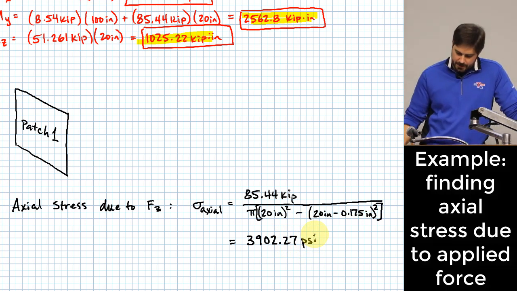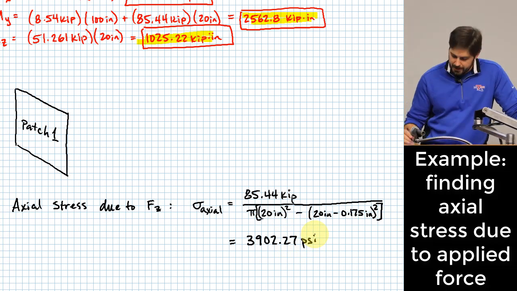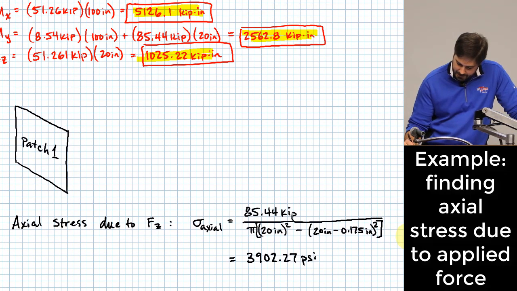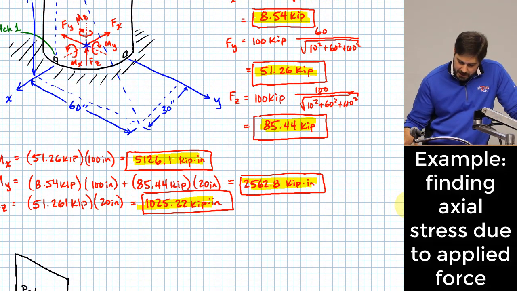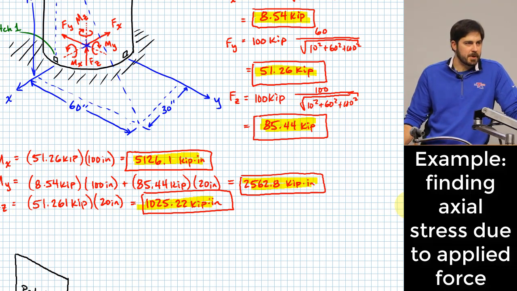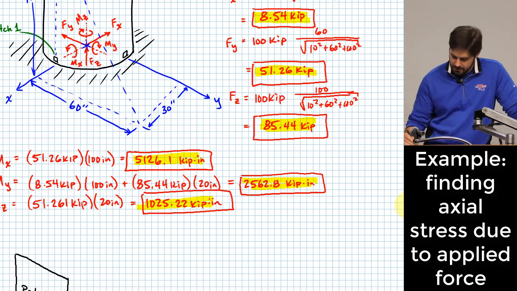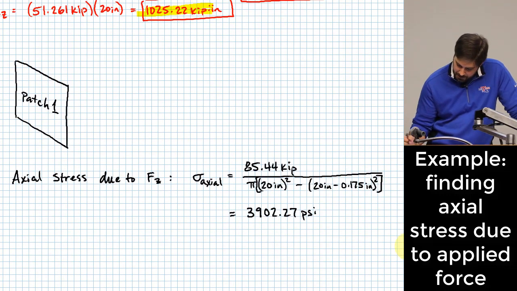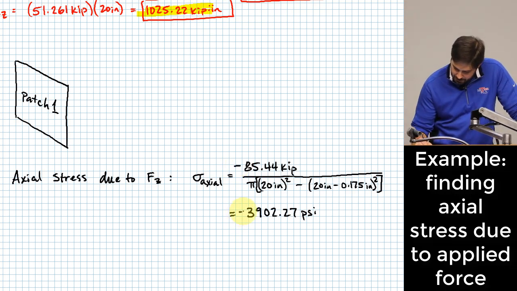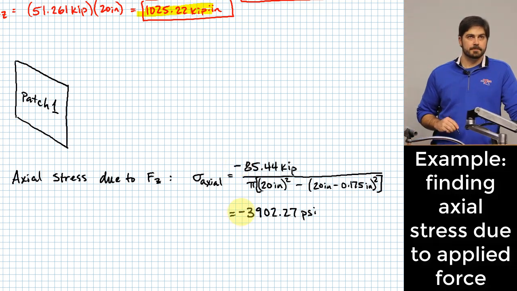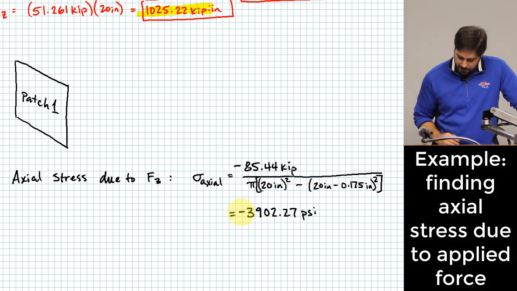Okay, and actually we need to think carefully about this. Is that positive or negative? Okay, Fz was positive, but if Fz is positive, it creates a compressive stress in this structure, correct? So I need to make sure that I'm consistent with that. Really, this would have to then be negative, and the outcome here would be negative, indicating compressive stress.